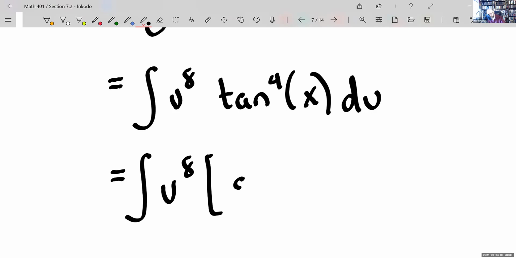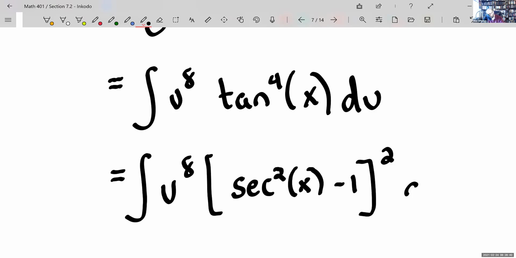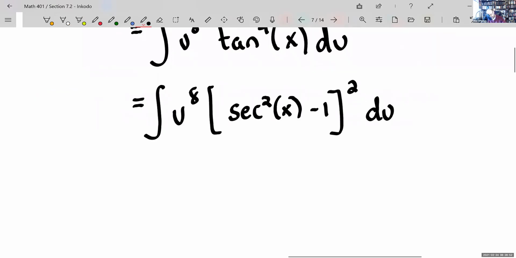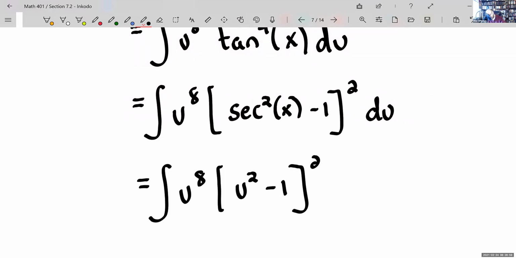But remember, we don't have a tangent squared. We have a tangent to the 4th. So I double that up. And remember, secant is u. So this becomes, again, another polynomial. U to the 8th times u squared minus 1 squared du.